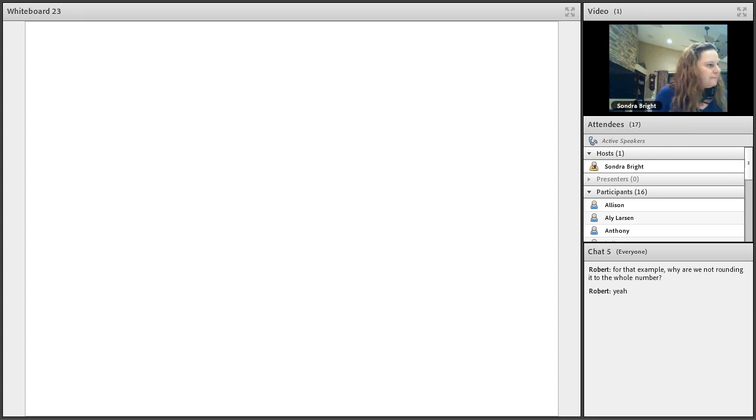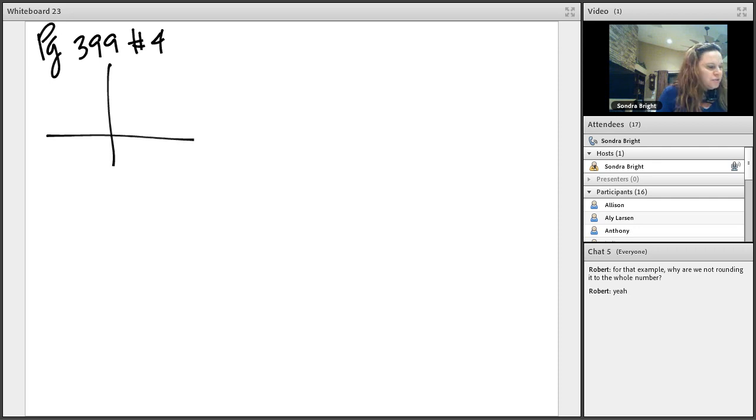Okay. Let's do page 399, number 4. They gave you the graph. So they give you this graph of these two intersecting curves.